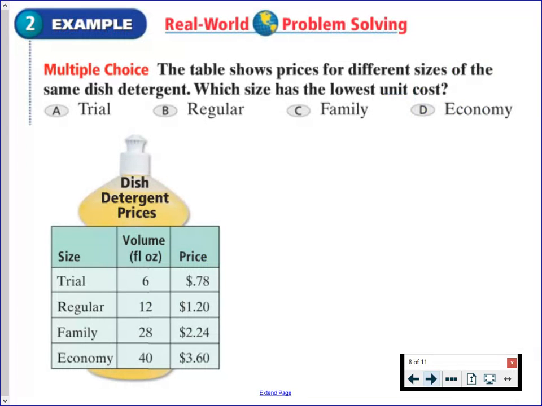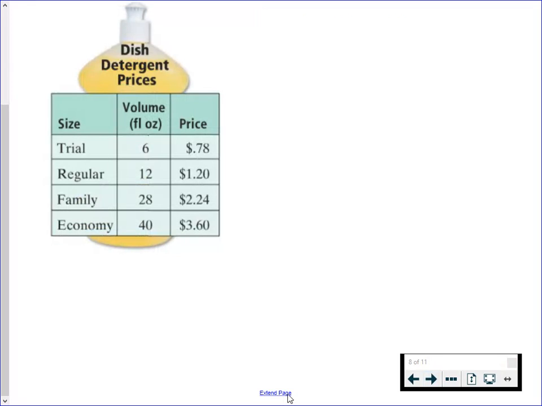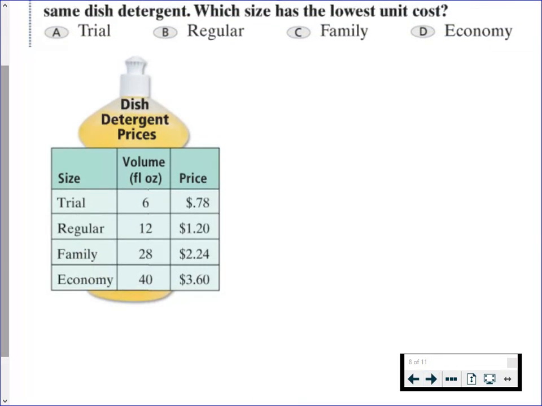Finally, unit rate helps us with something called a better buy. So we have 4 options of this dish soap here. We can get a trial size, which is small. If you're camping or traveling, you probably have a small one with you.